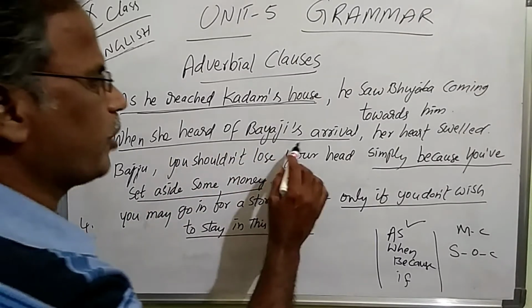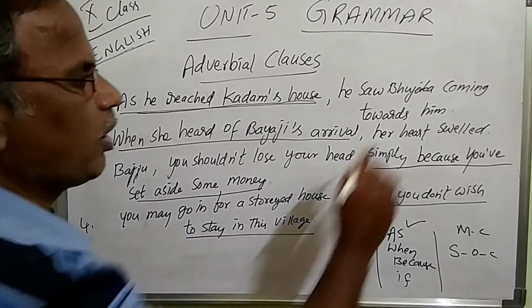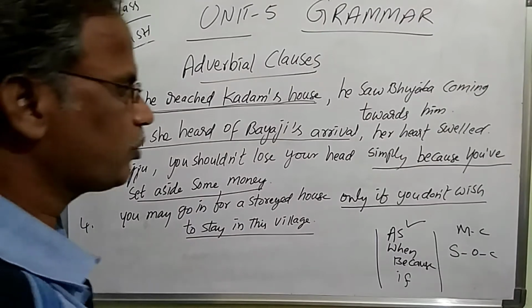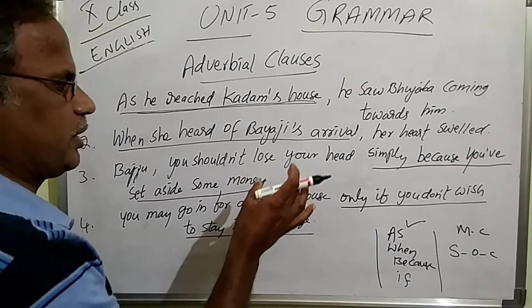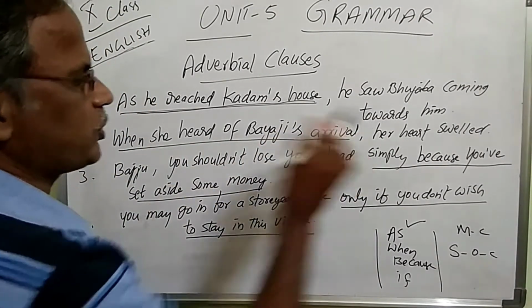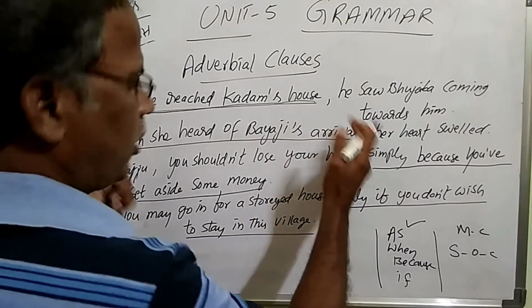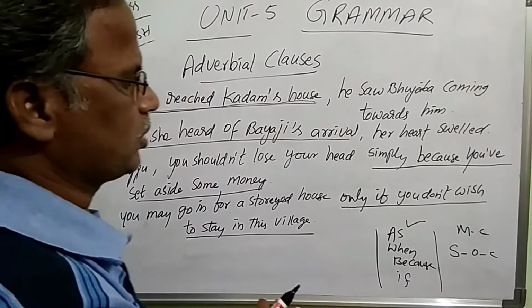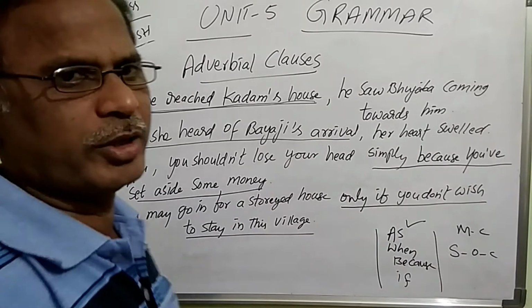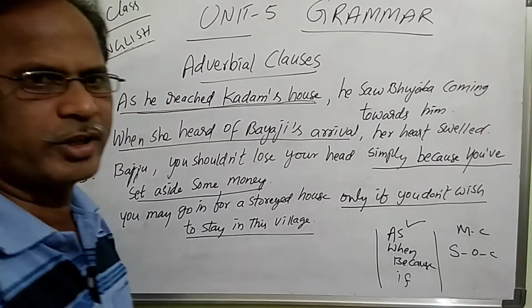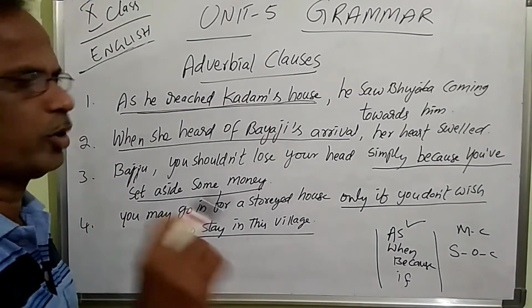When she heard of Bujaba's arrival, her heart swelled. Here also in the second sentence, "when she heard of Bujaba's arrival" is one clause and the remaining part is another clause. Which part gives the complete meaning, children? Can you guess? I think you are getting the point.